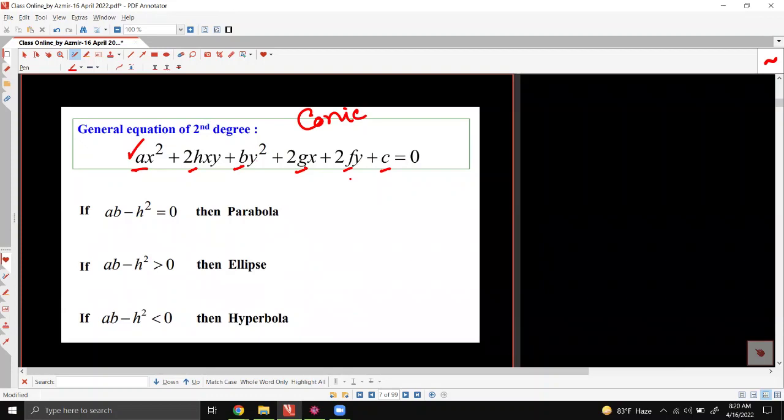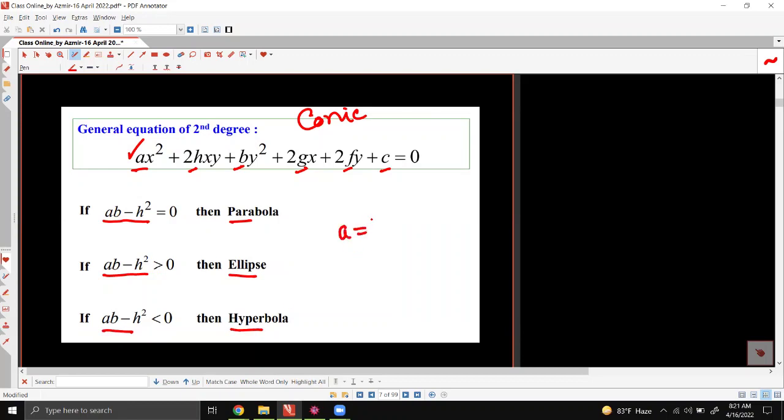Based on these constants, we can understand whether the given general equation of second degree is a parabola, ellipse, or hyperbola. If ab minus h squared is equal to 0, then we will get a parabola. If ab minus h squared is greater than 0, then we will get an ellipse. And if ab minus h squared is less than 0, then we will get a hyperbola.